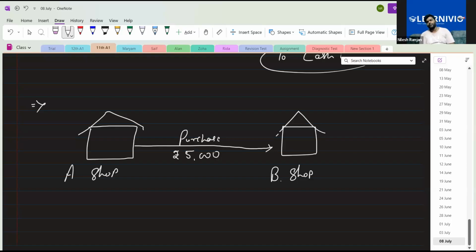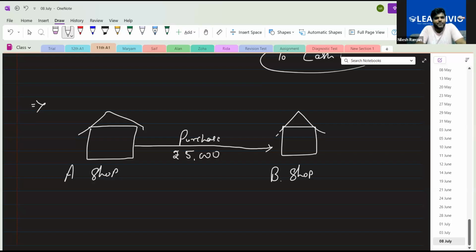Okay, let's take another example. Let's say that you have purchased a school bag from any shop, let's say a mall or maybe some other shop. If you have purchased it, who will issue the invoice, the bill?